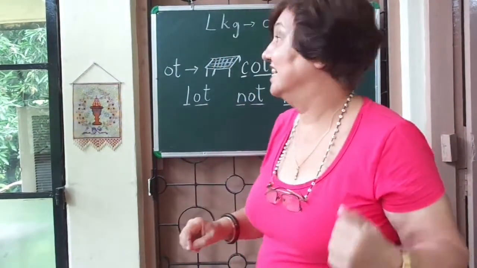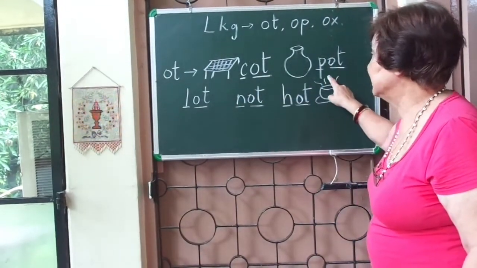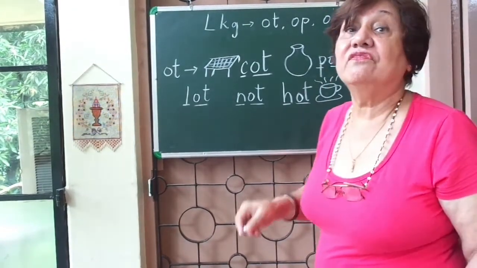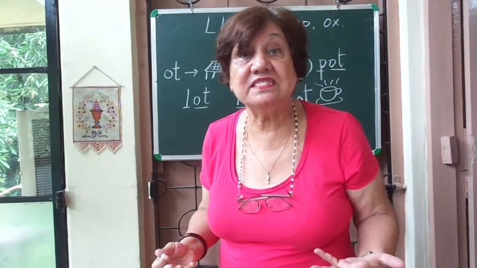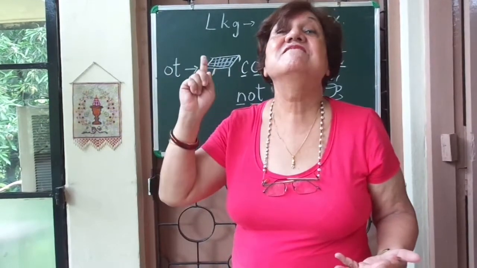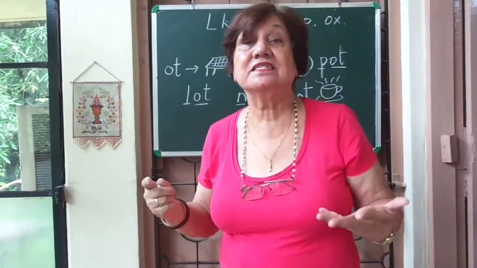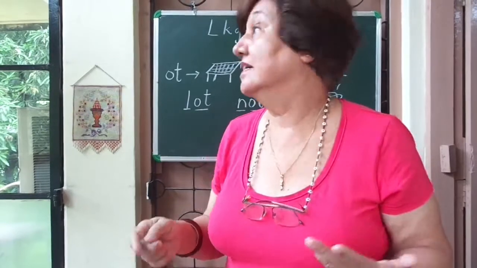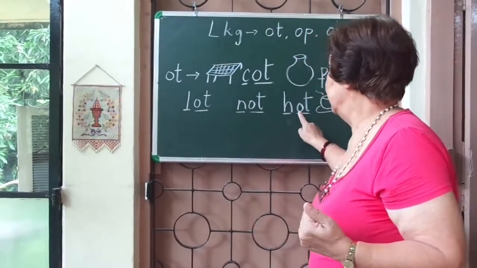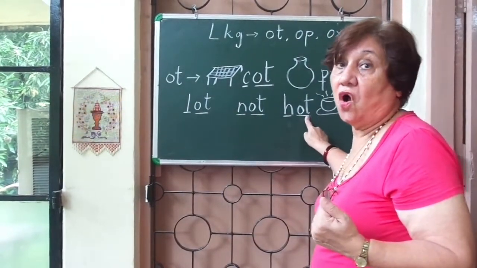She can't. So we say that the tea is hot. When you feel hot in summer, what do you start? You start a fan. So let's spell hot. H or T. H says h and O-T, ot.